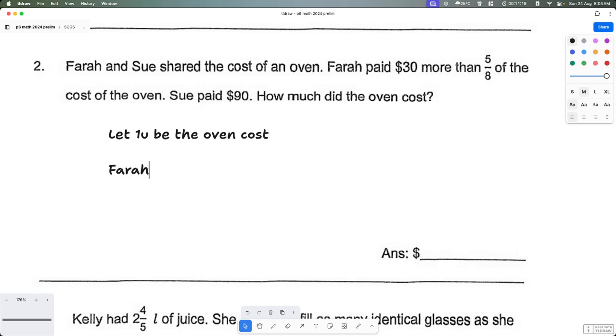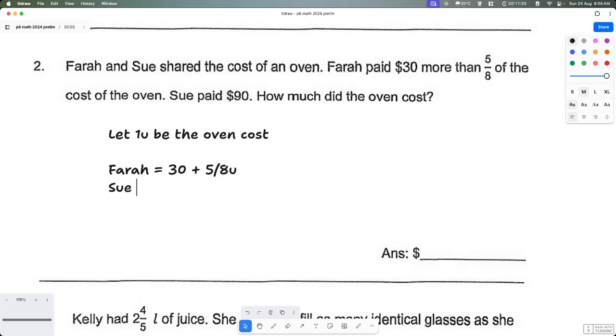So Farah paid $30 more, so 30 plus 5/8 of the cost of the oven. What about Sue?